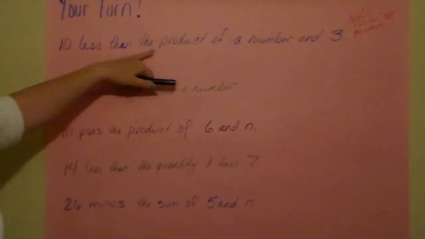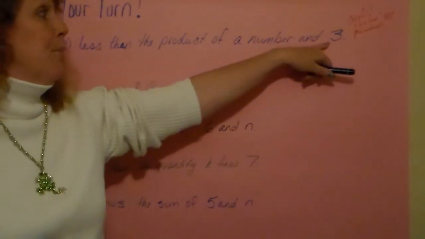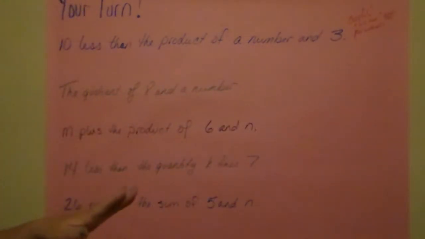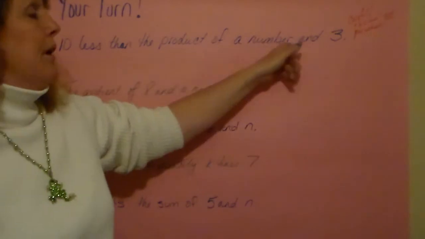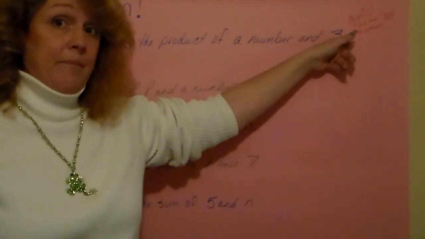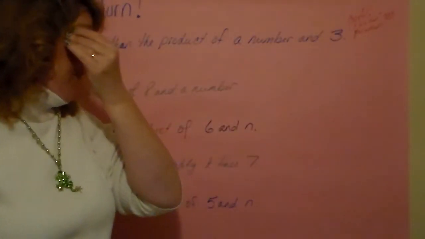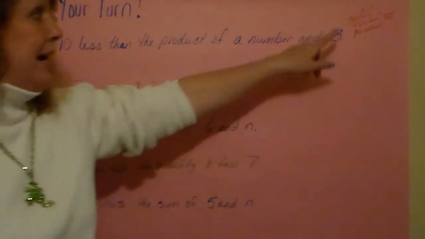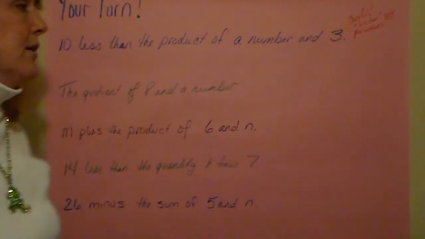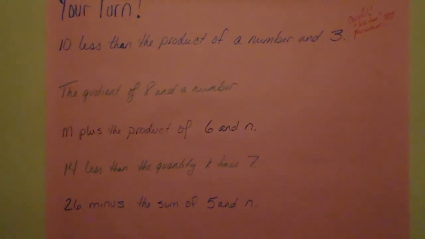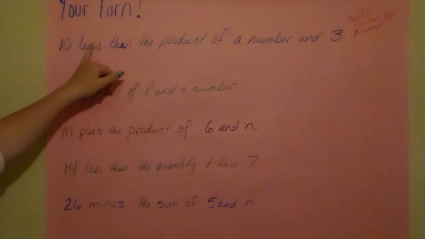10 less than the product of a number and 3. Now I've got 3 things going on here. I got a 10, I got a number, and I got a 3. Now that means we got to figure out what order they go in. And careful, you've got a less than and a parenthesis here. So 10 less than.